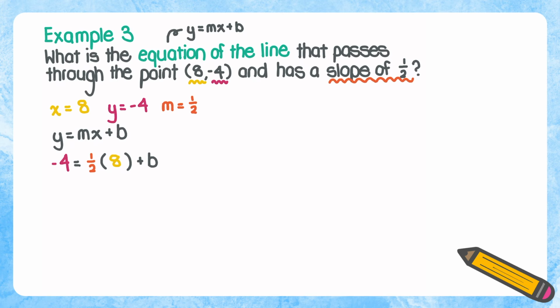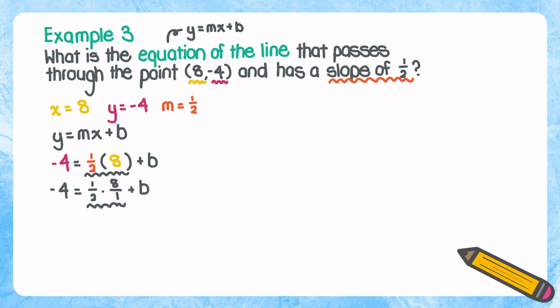I'm going to rewrite the 8 as a fraction so that it's easier to multiply. So let's rewrite this entire equation. -4 = 1/2 times 8/1, that's the same as 8, and then plus b. And when we're multiplying fractions, remember you want to multiply the numerators together and the denominators together.